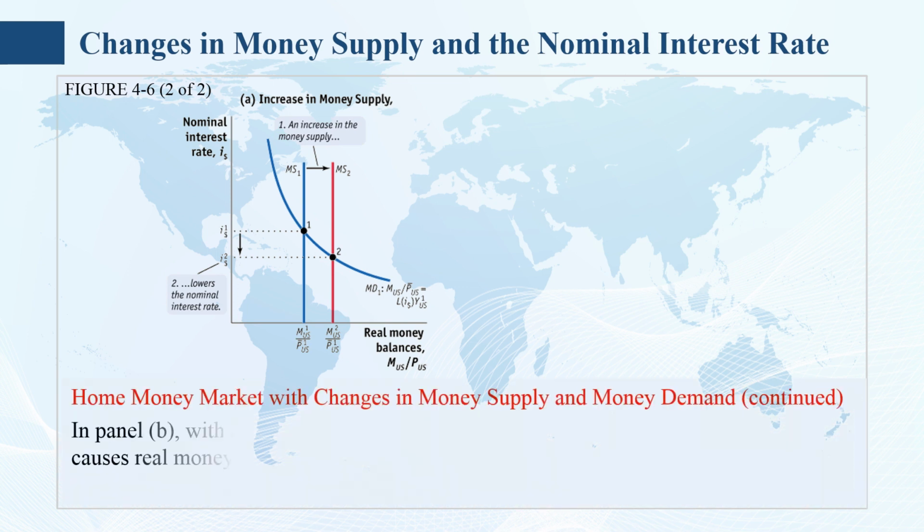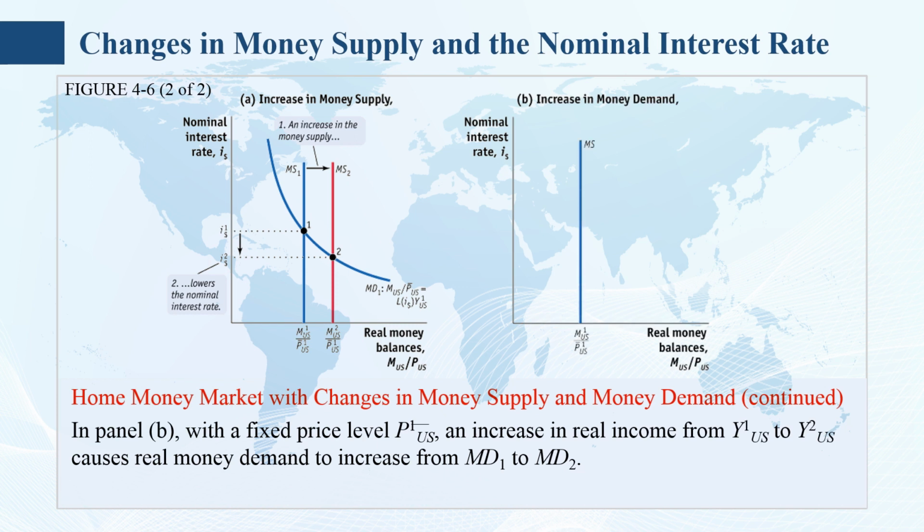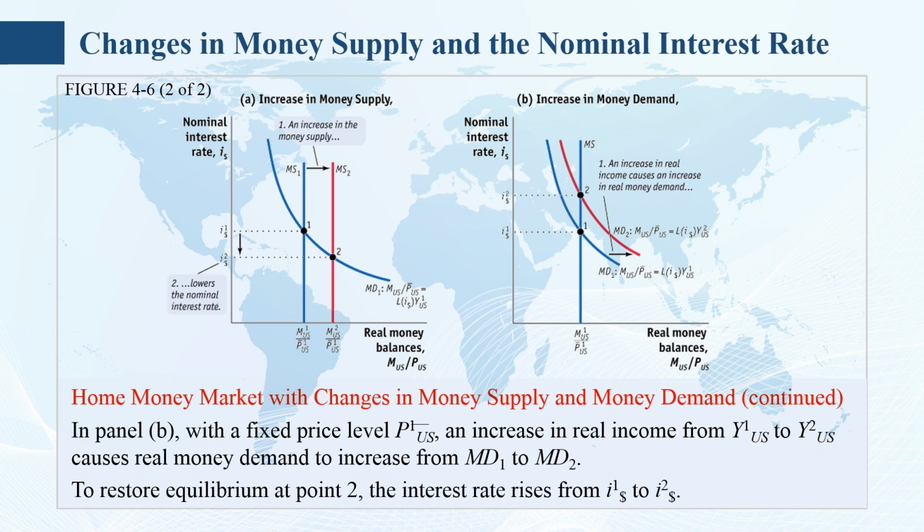In Figure 4.6, in Panel B, with a fixed price level, P1 US bar, an increase in real income from Y1 to Y2 US causes real money demand to increase from MD1 to MD2.